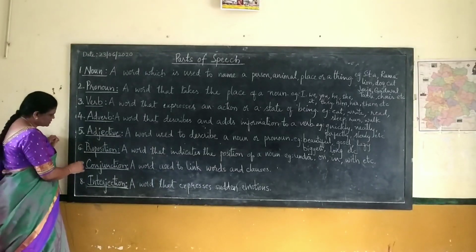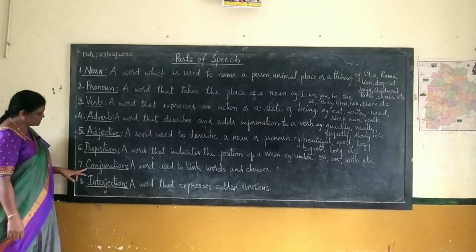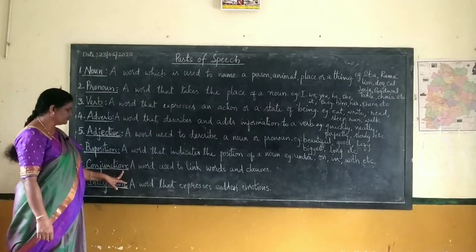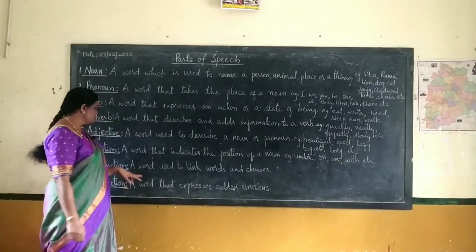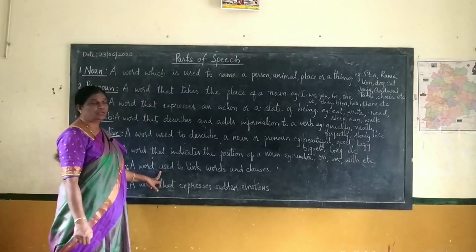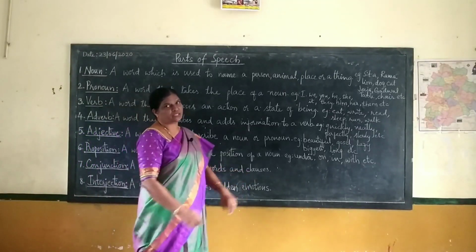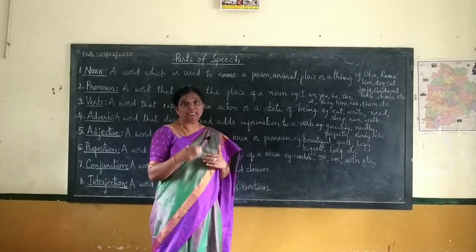Next, the seventh one is conjunction. What is the next part of speech? It is conjunction. What is a conjunction? A conjunction is a word used to link words and clauses. They are the words which are used to link.